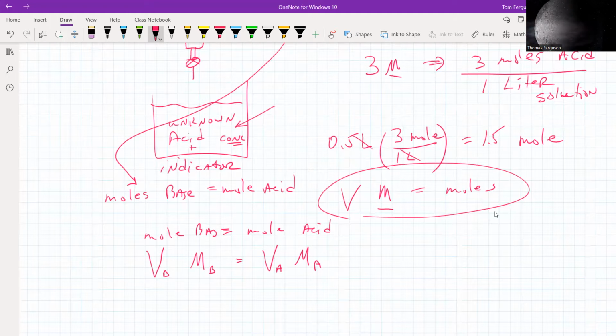Okay, so we have moles equals the volume of the base times the concentration of the base equals the volume of the acid times the concentration of the acid. This is what we use now to figure out our concentration of acid. We solve for M.